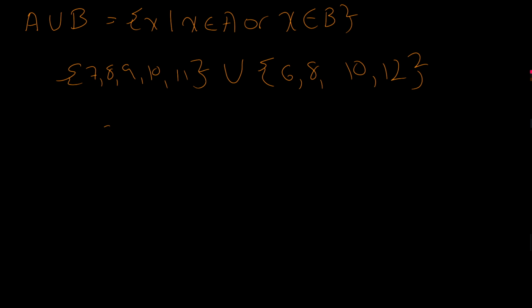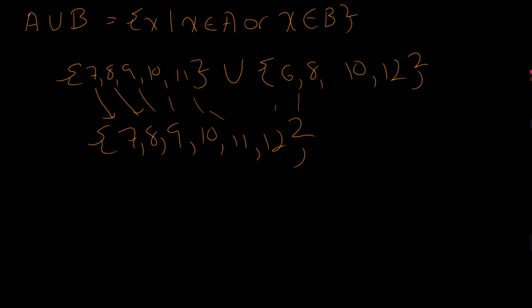And so, well, I have 7, I have 8, I have 9, I have 10, I have 11, and I have 12. Right? Because that's there, I grab everything. And one of these elements is either in here or it's in here. And so I pulled it from either of these. And so that's what my or my union does for me.